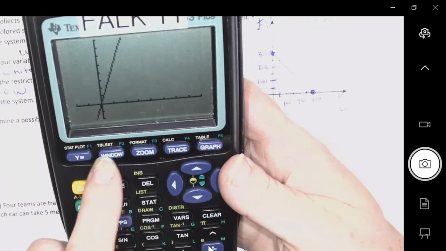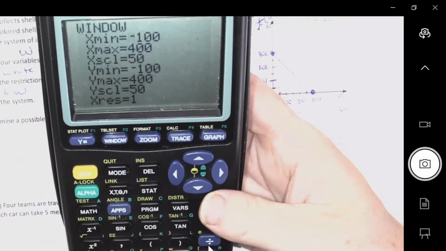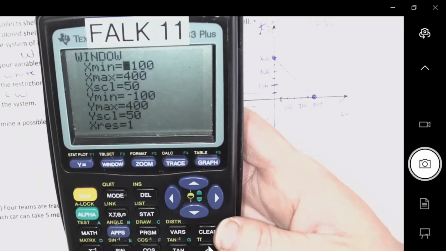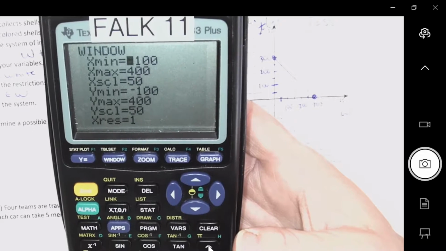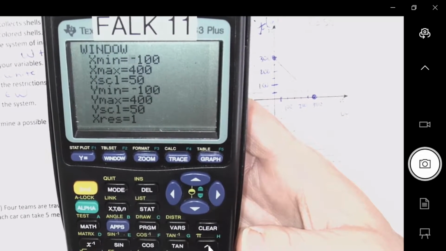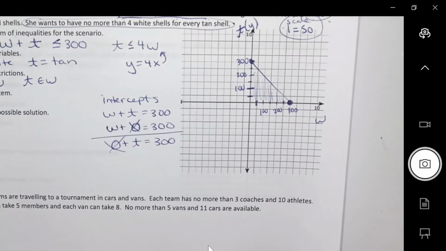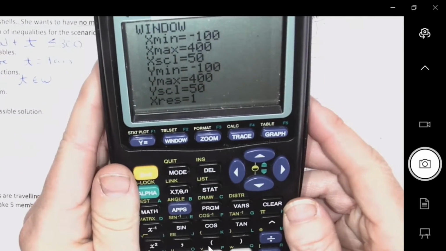What I did was 4x, and I changed my scale to kind of match my drawing. I went from -100 to 400, and I went up by 50s because we were going up by 50s. Okay, so that's that.